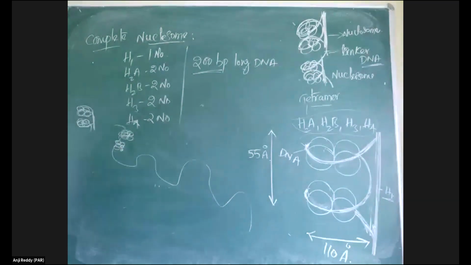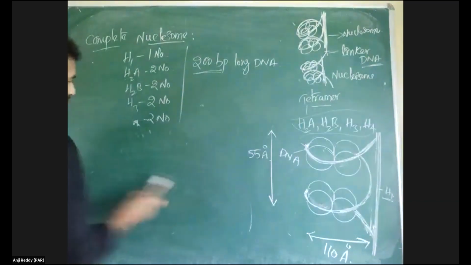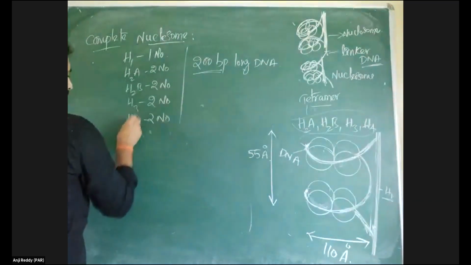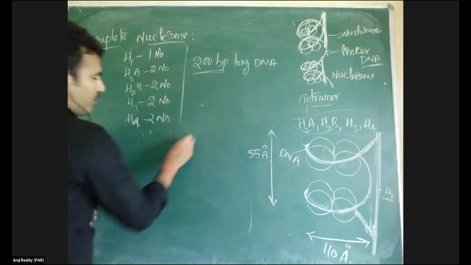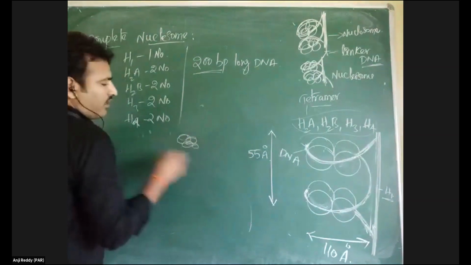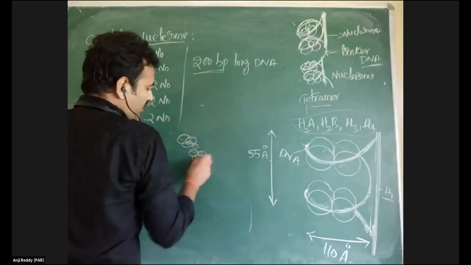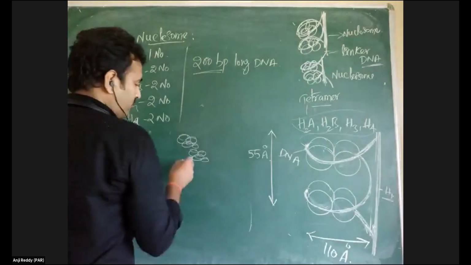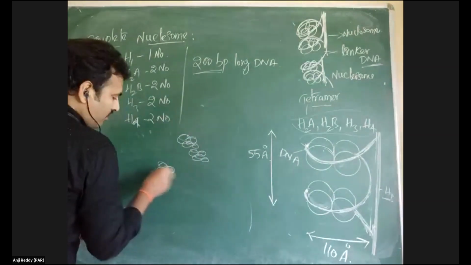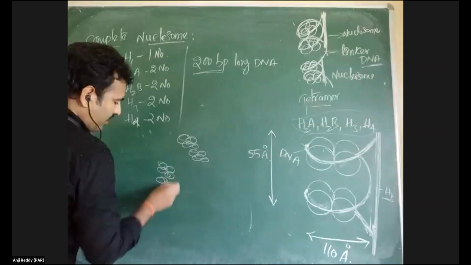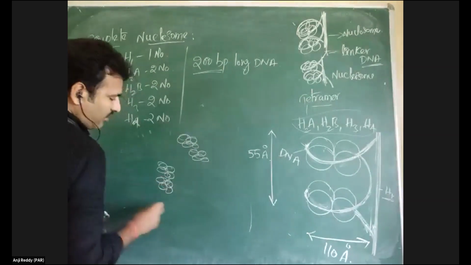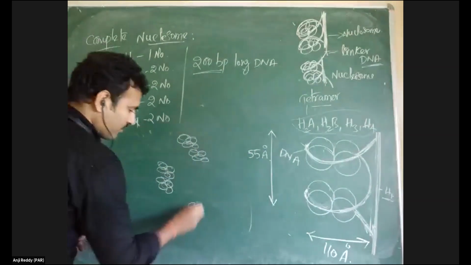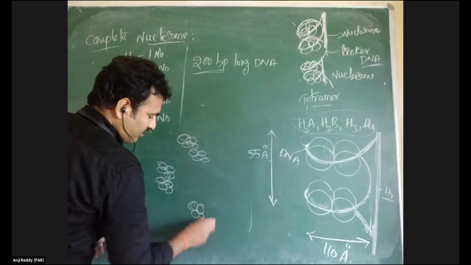Wait 1 second, I will draw that diagram clearly, then I will explain. Suppose here one histone tetramer and another tetramer. One octamer is there. Another tetramer. Another octamer is there. Suppose another octamer is there.